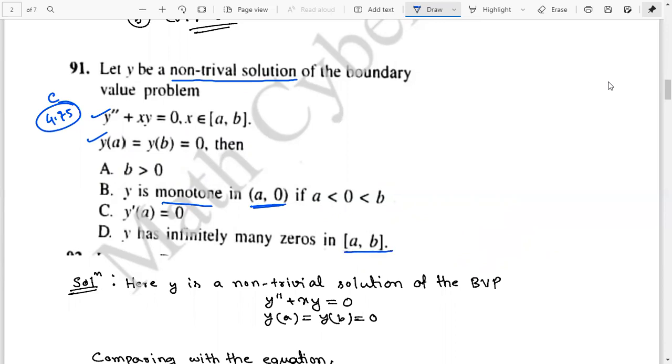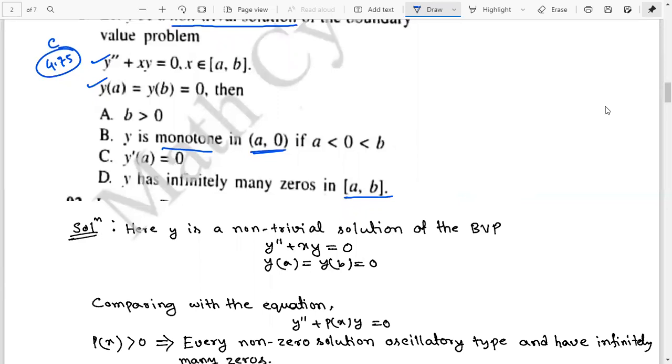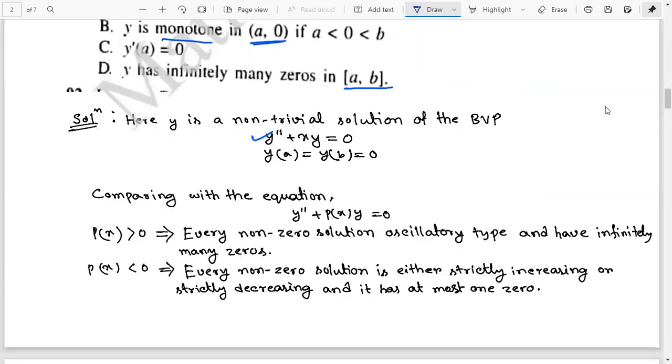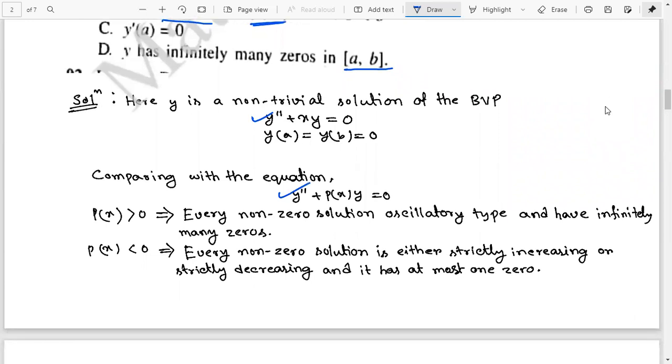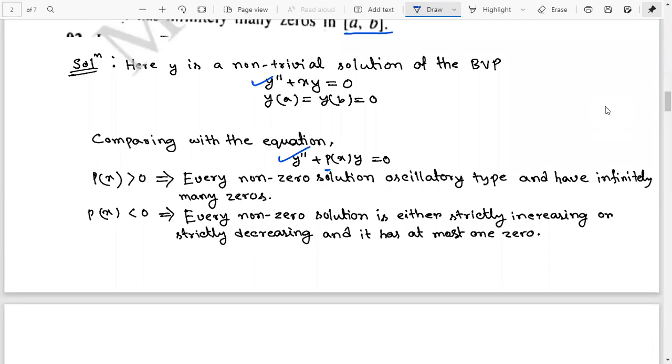Let me tell you, if we compare this equation y'' + xy = 0 with the form y'' + p(x)y = 0, we have two results. If this p(x) is positive, then every non-zero solution will be oscillatory and will have infinitely many zeros.